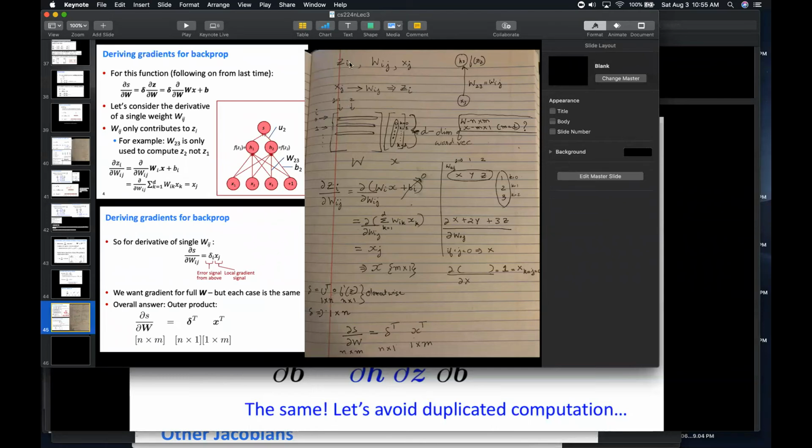Two variables here, i and j. If you look at this diagram, W23 is basically the 2 as the first index, which is your output, H2, and this 3 is your input, X3. So if you map this W23 to W_ij, you can see that i is equal to 2 and j is equal to 3.